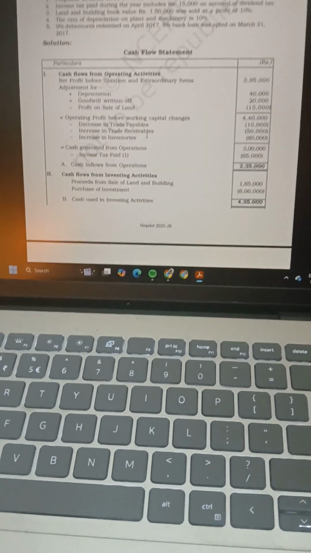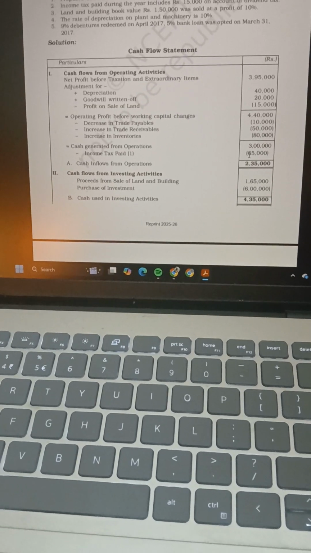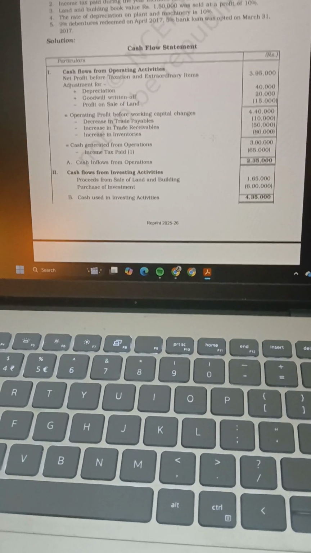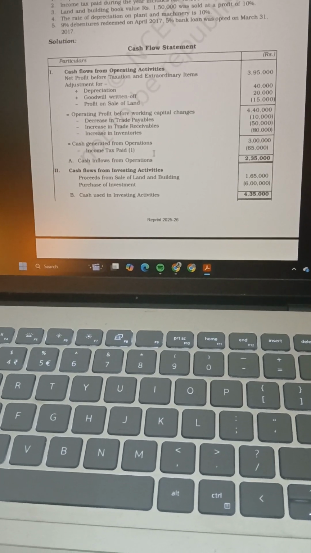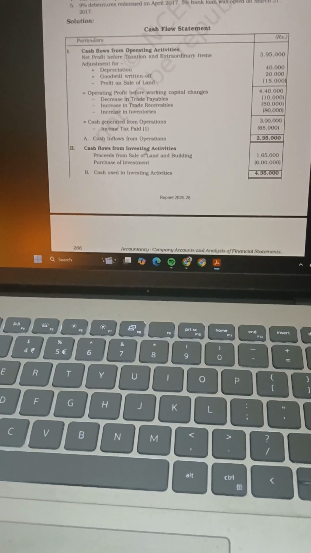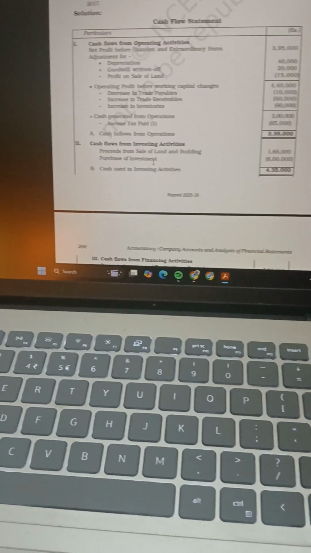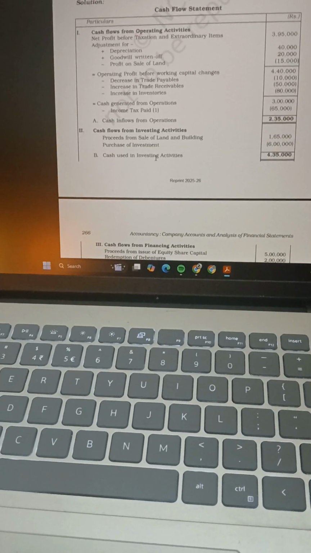Then there is an increase in inventories. These all things we have to reduce. So the resulting amount will be the cash generated from operations. Then we have to reduce the income tax paid, that is already calculated, 65,000. The resulting amount will be the cash flows from operations, that is 2,35,000.